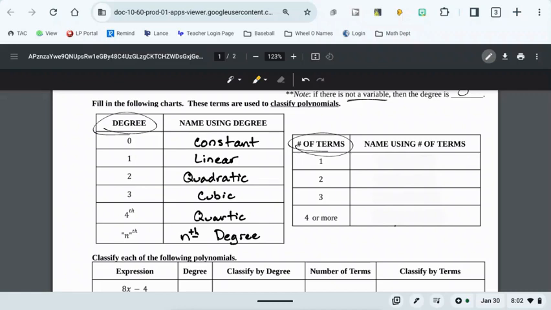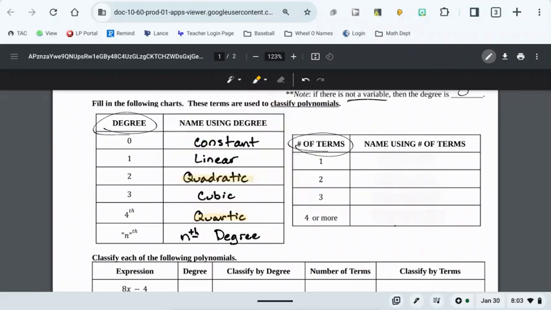One thing I do want to point out that we have to be aware of is, for 2, it's quadratic, and 4, it's quartic. So even though quad, you think 2, you think 4, quadratic is referenced for a degree of 2, and quartic, kind of like quarter, is referenced with a degree of 4.